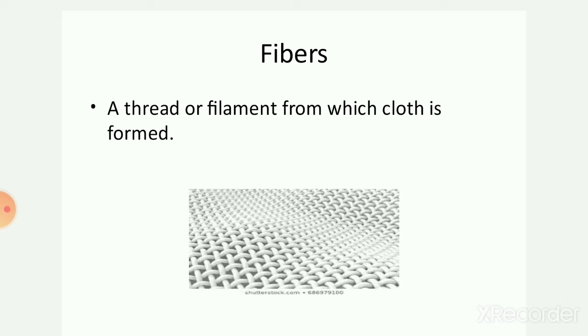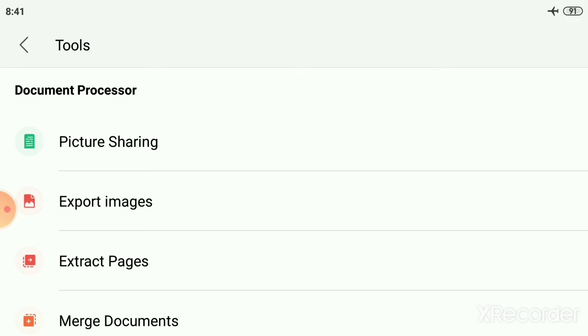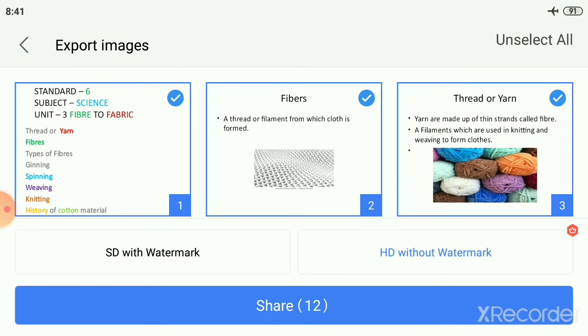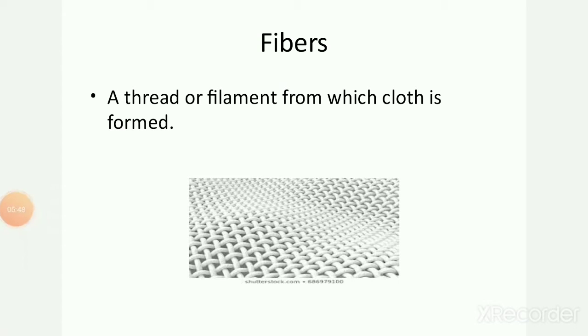Just like in biology we are learning that the body is made up of cells, in the same way cloth is made up of thin filaments. So that thread or filament from which we form cloth, we call fiber.